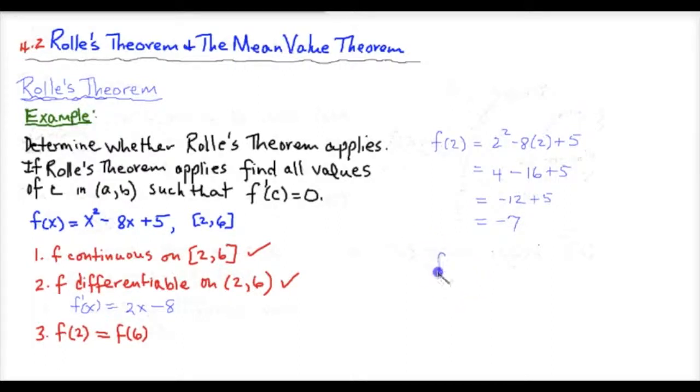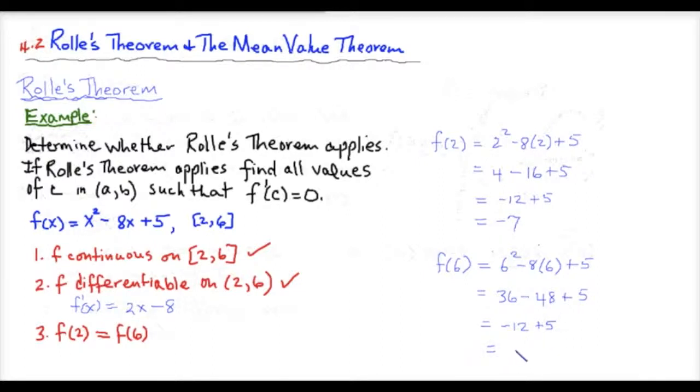Well, let's see what f of 6 is equal to. F of 6 is equal to 6 squared minus 8 times 6 plus 5. 6 squared is 36, minus, this is going to be 48, plus 5. 36 minus 48 is negative 12, plus 5.